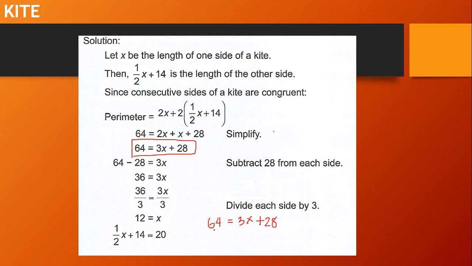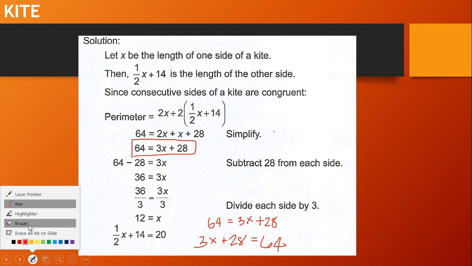Then you can transfer the 3x plus 28 to the left, then ang 64 sa right, no? Pero dili na siya ma-change ang sign, because both sides of the equation are being transferred from one place to another. Okay, so 3x plus 28 equals 64. So again, this is the second way in how to solve for the value of x by using the addition property of equality.